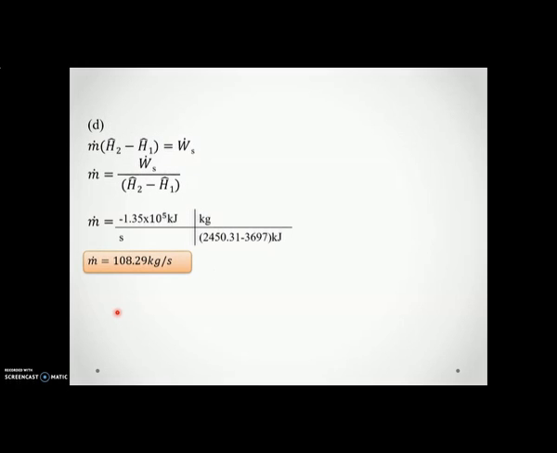And therefore, the last step is to input the values of H2 hat and H1 hat into this equation back to obtain the value of m dot, which is 108.29 kg per second.